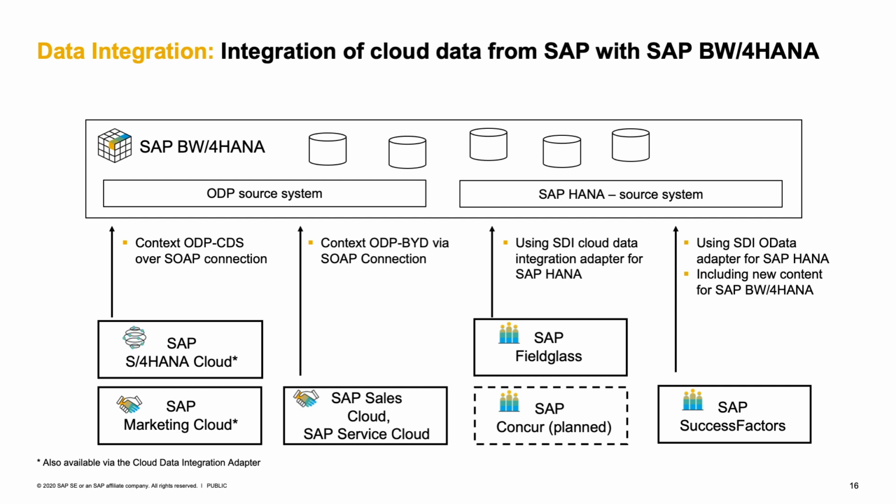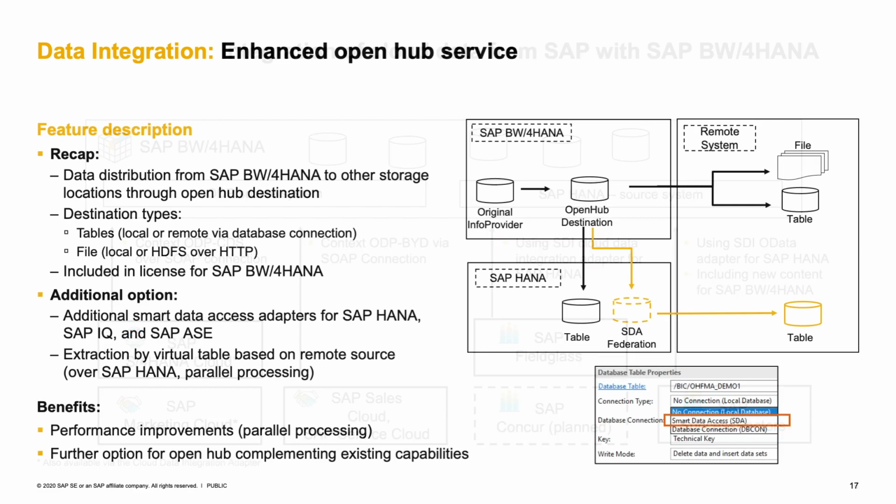On the other hand side, we have a lot more applications in the cloud, like Fieldglass, SuccessFactors, Concur in the future. And here we already have available, of course, connectors, which really help you to extract data from our cloud-based applications in a better and more robust way.